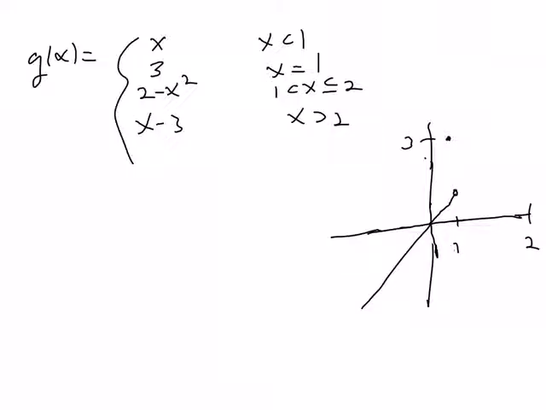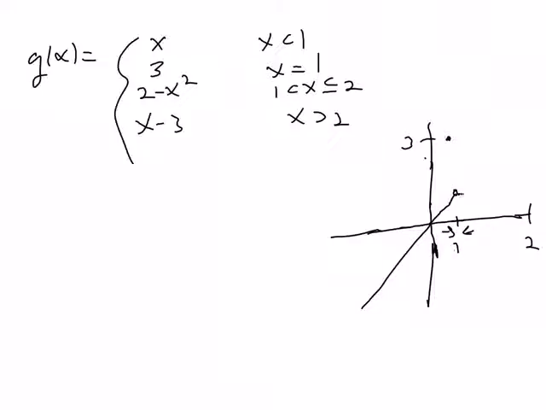As we saw before, when we approach 1 from the right and from the left, we get the same exact number. So for x between 1 and 2, we're basically going to start here.